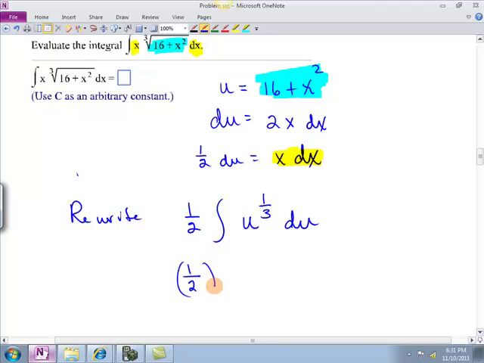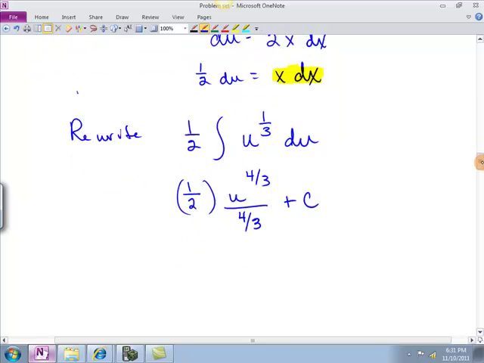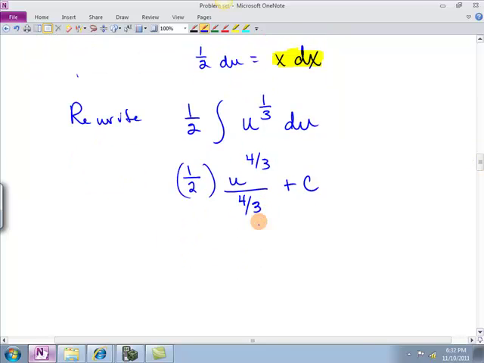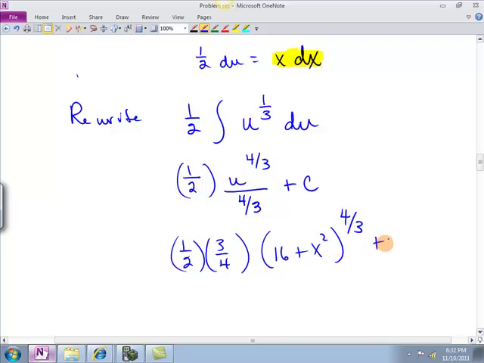So we got 1/2 times u to the 4/3 divided by 4/3 plus c. So when you have this fraction down here, it's going to flip. You got 1/2 times 3/4 times, what was our u? 16 plus x squared to the 4/3 plus c. So 3/8.